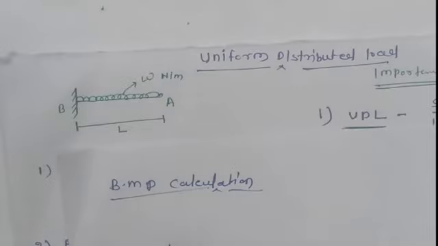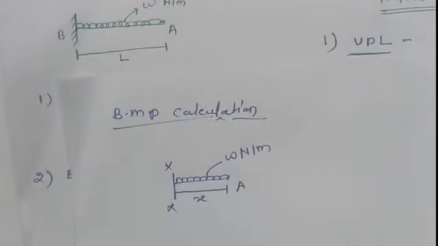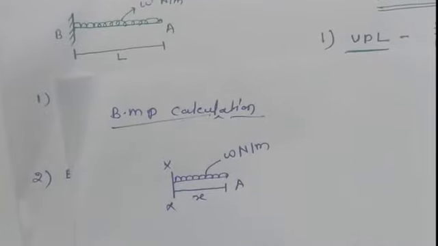This is the UDL, this is point A, and at X distance the intensity is W per unit length, or W Newton per meter. This is the section we cut for the calculation of the bending moment diagram.